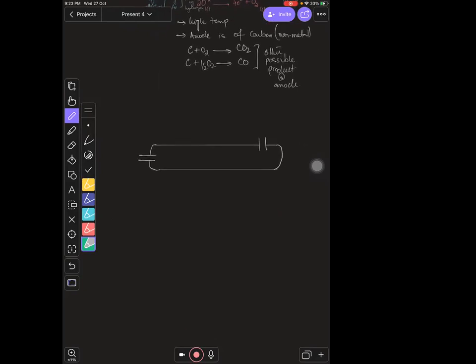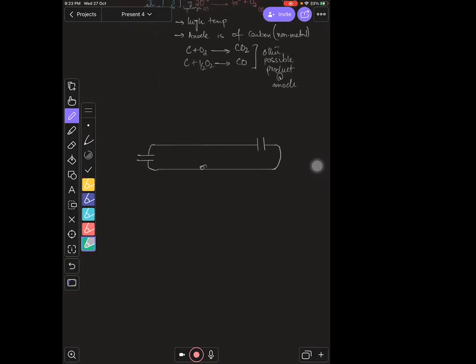And we are using copper oxide over here. This is copper oxide. We are heating it, and we are passing hydrogen gas through it.